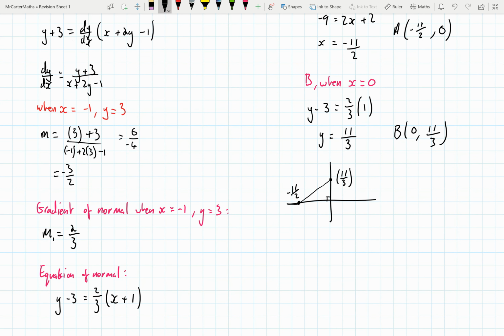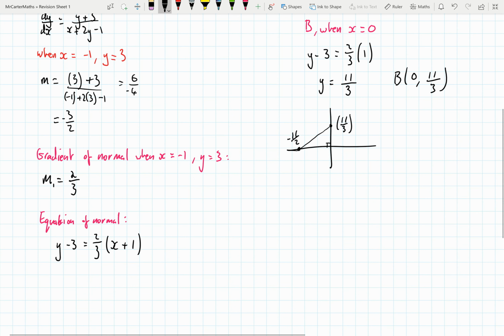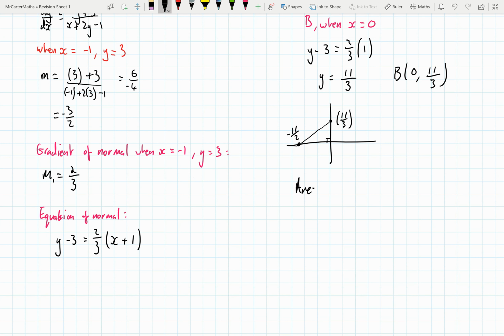That's a nice right angled triangle, so it's going to have an area equal to 11 over 2 times 11 over 3 divided by 2. Half base times height. Well, 2 times 3 times 2 is 12. 11 times 11 is 121.